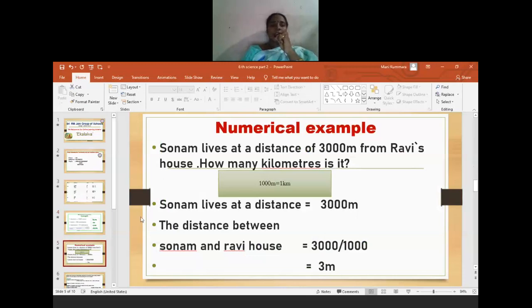Numerical examples. Sonam lives at a distance of 3000 meter from Ravi's house. How many kilometer is it? So we know 1000 meter is equal to 1 kilometer.